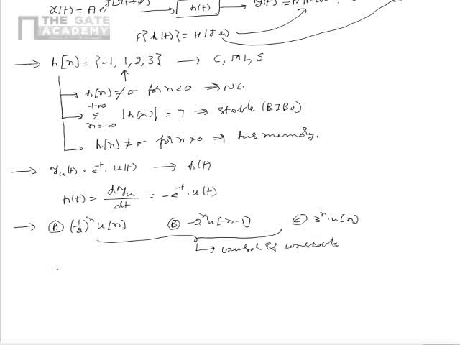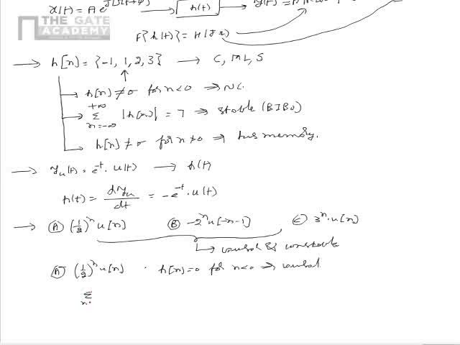Now let us consider the system in option A. We see that the impulse response is given as (1/2)^n multiplied by u(n). So here we see that the impulse response h(n) is equal to 0 for n less than 0. From this we see that the system is causal.